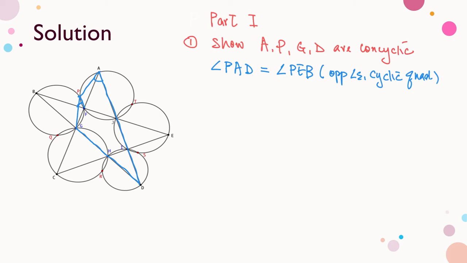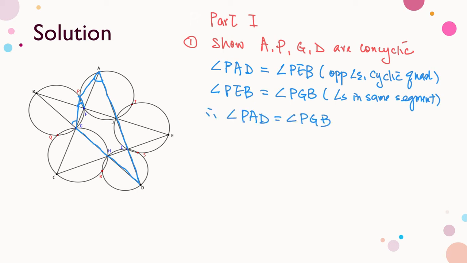They are opposite angles of a cyclic quadrilateral. For circle BFG, angle PFB equals angle PGB. They are angles in the same segment. Combining the results, we have angle PAD equals angle PGB.